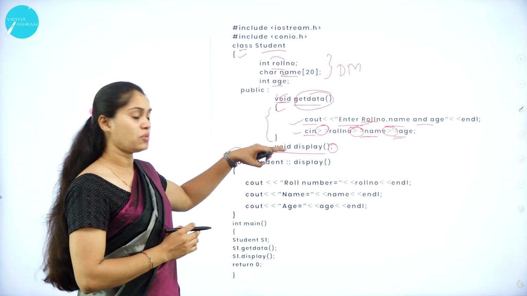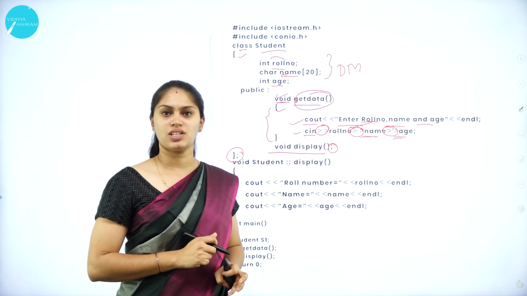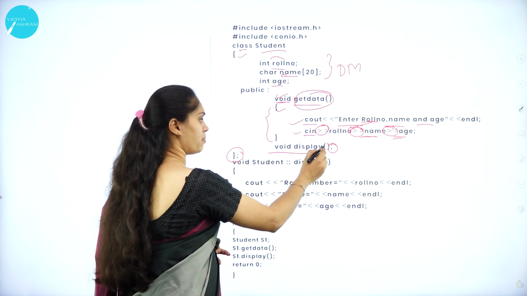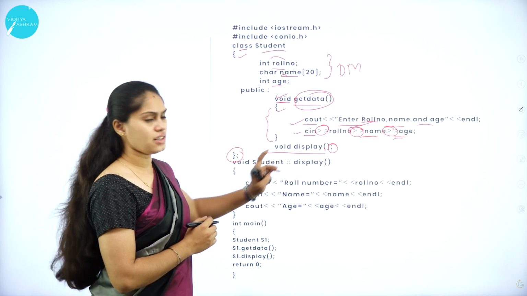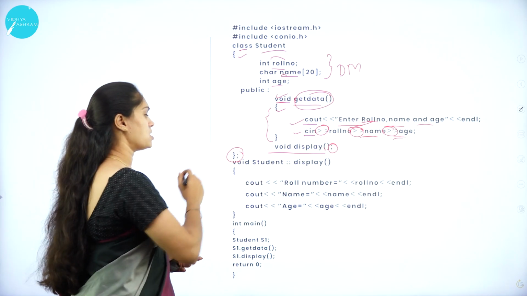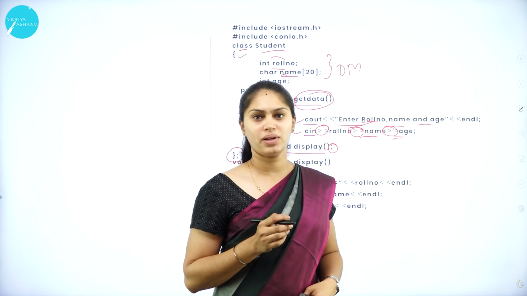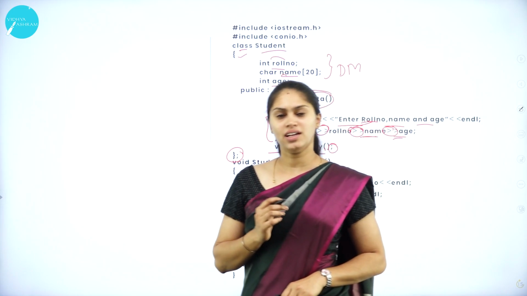But here I am not defining the member function display inside the class definition. I am just declaring. Okay. So void display, any parameters required I need to specify, then semicolon. And coming to this point, that ends the scope of a class. So the closing of the curly brace with a semicolon ends the scope of a class.